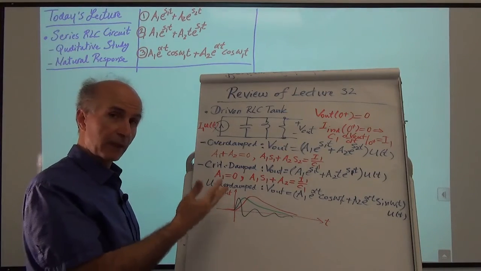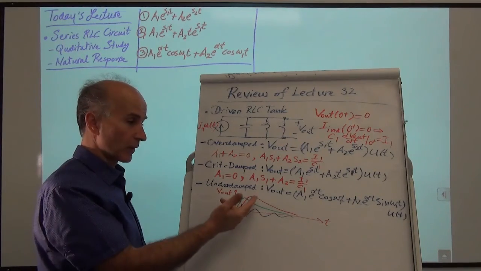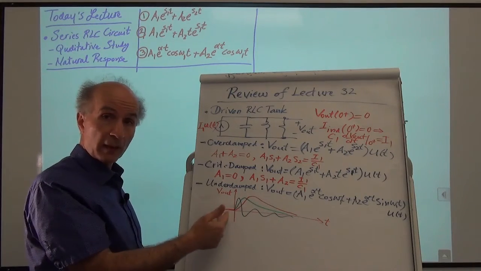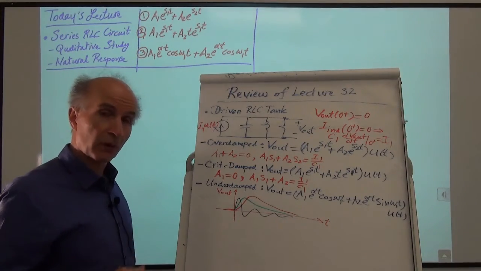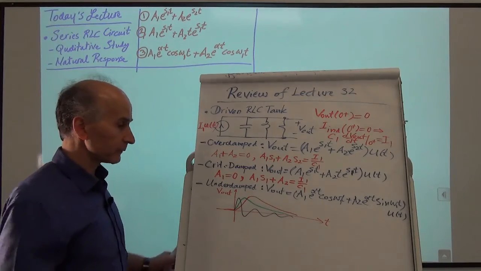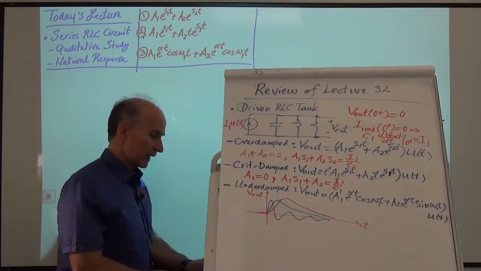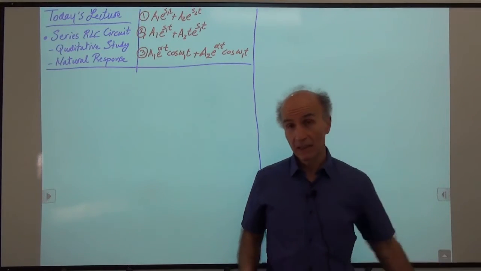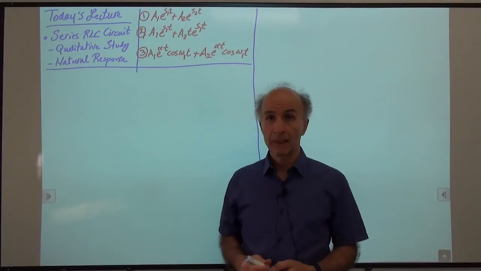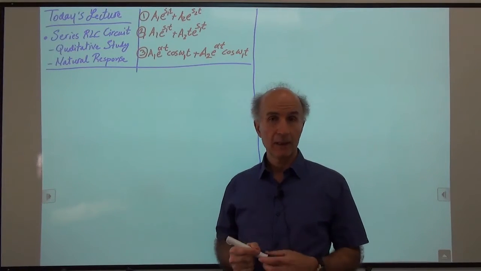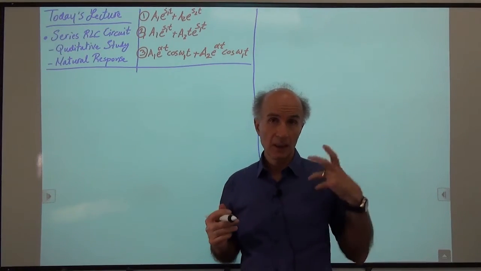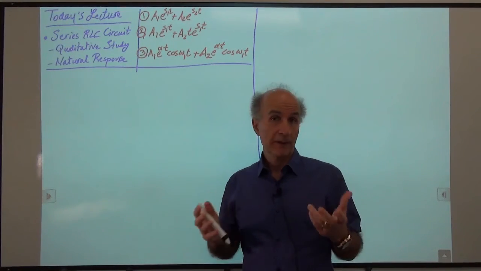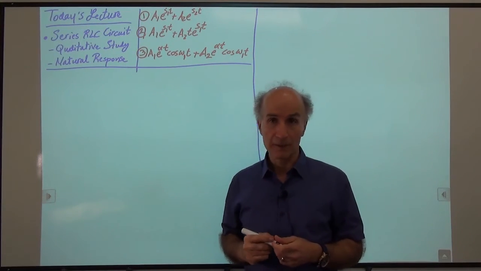So depending on the application, we might opt for a critically damped response or an oscillatory response, as we talked about last time. Okay, so we might expect that similar results apply to a series RLC circuit. But of course, we have to analyze it and see if there are any differences between the parallel topology and the series topology, for example, in terms of the natural response.